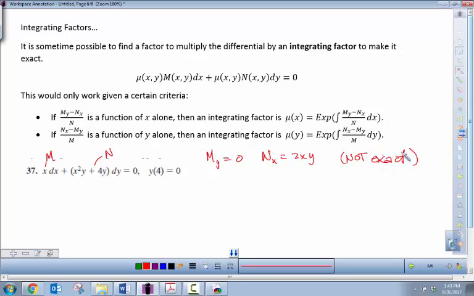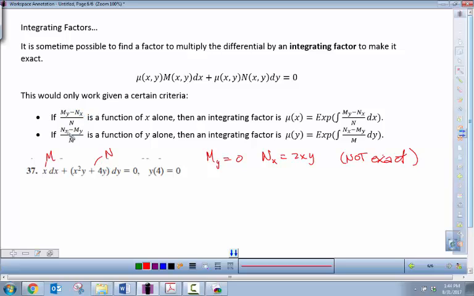And these are the derivatives that I got. The first one is going to be 0 because there's no y's in it. The second one is going to be 2x times y, and then the 4y is gone. So clearly this is not exact, right?